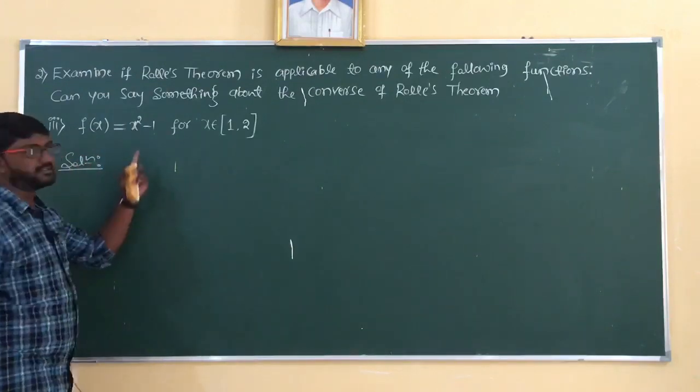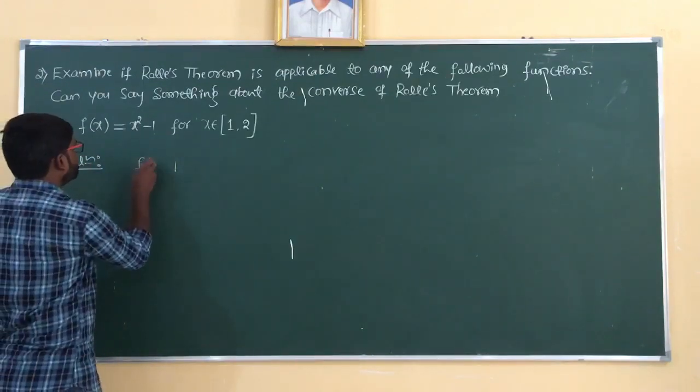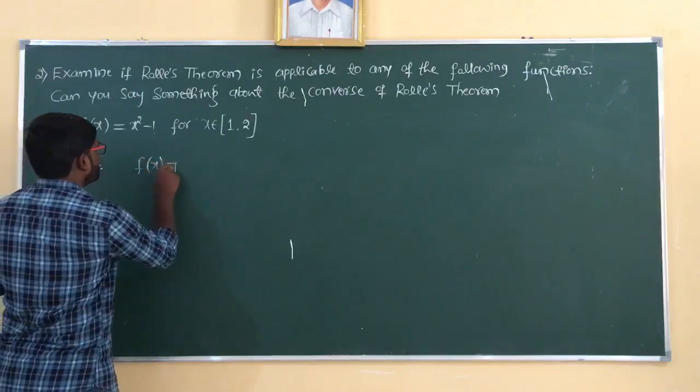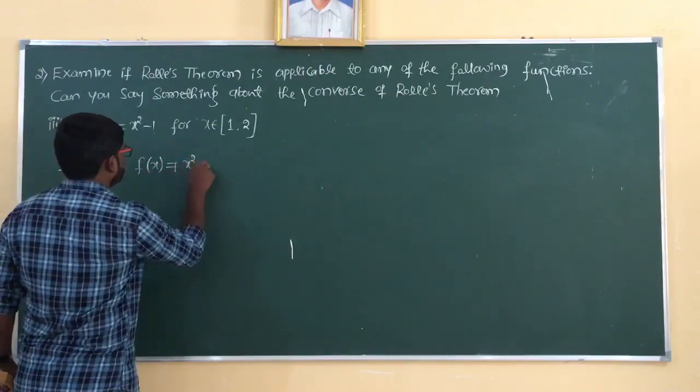So write the given function as it is, f of x which is equal to x square minus 1.